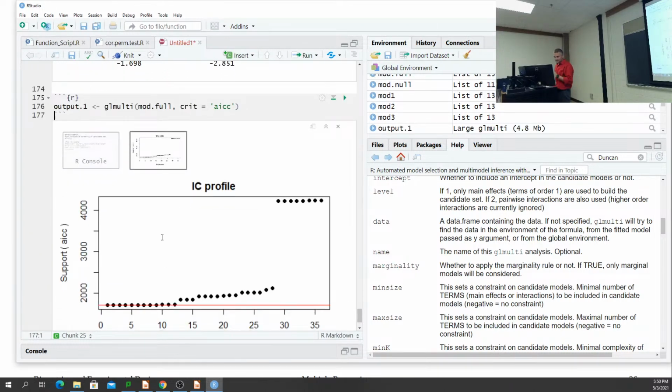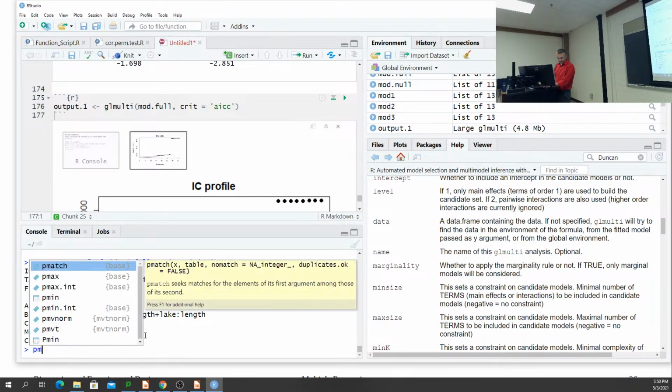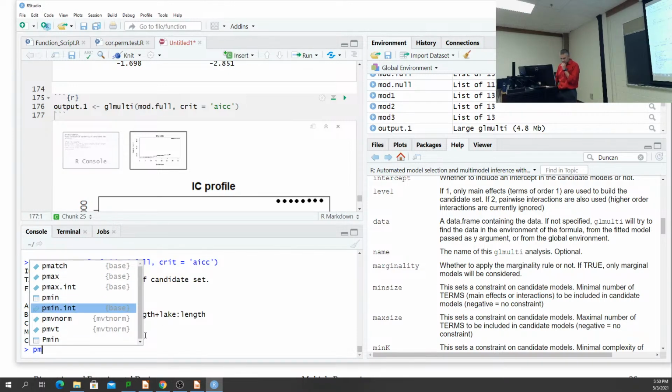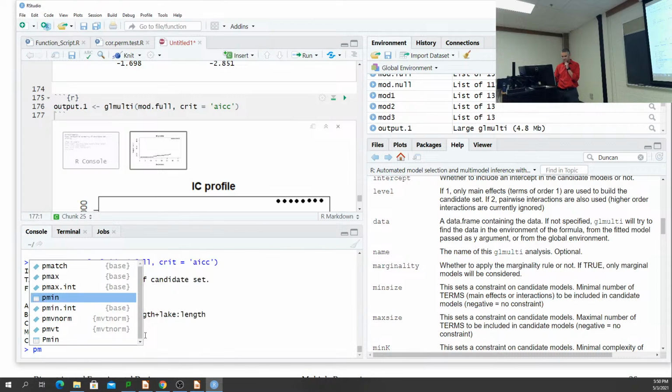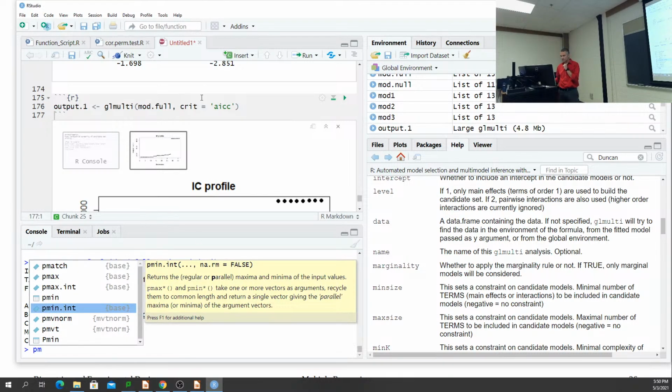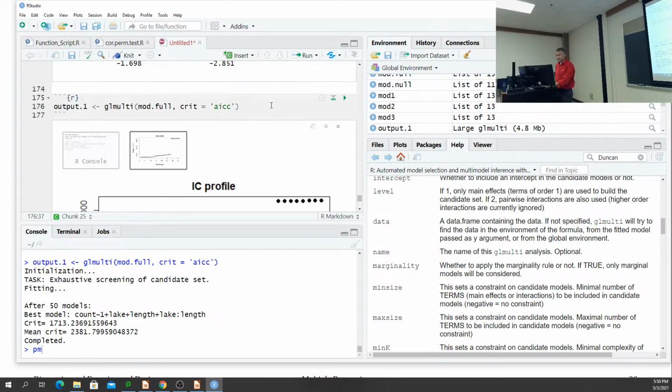Did I run across something like that? Pmin. That is the dumbest reason why that doesn't work. Yeah, this is an equal. Maybe it's this, pmin.int. Okay, maybe that's where it's getting into an issue. So capital P seems to work.